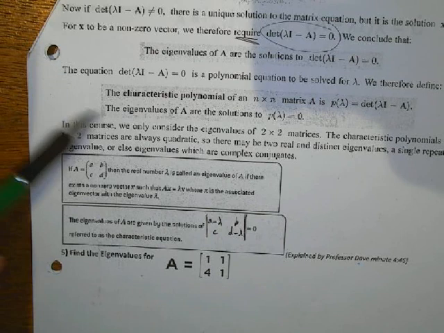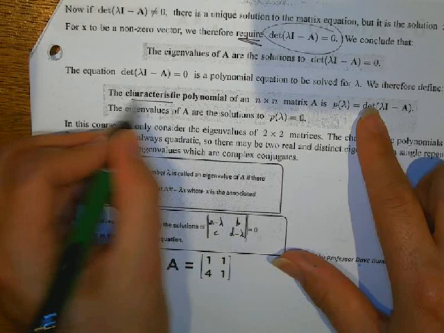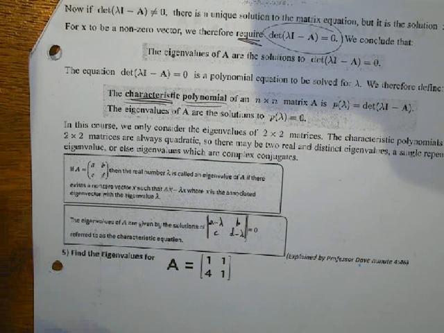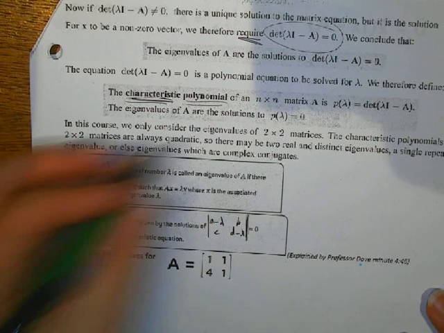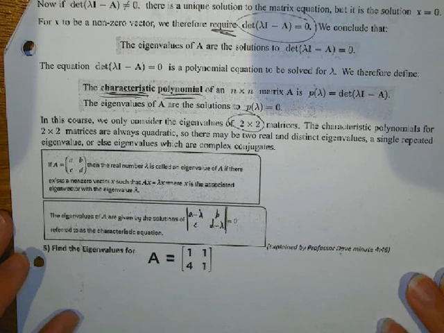I'll let you read this on your own, but after you take the determinant, the result is going to be a characteristic polynomial. I'll talk about that in just a second. And we will only be doing 2 by 2 matrices in this course.